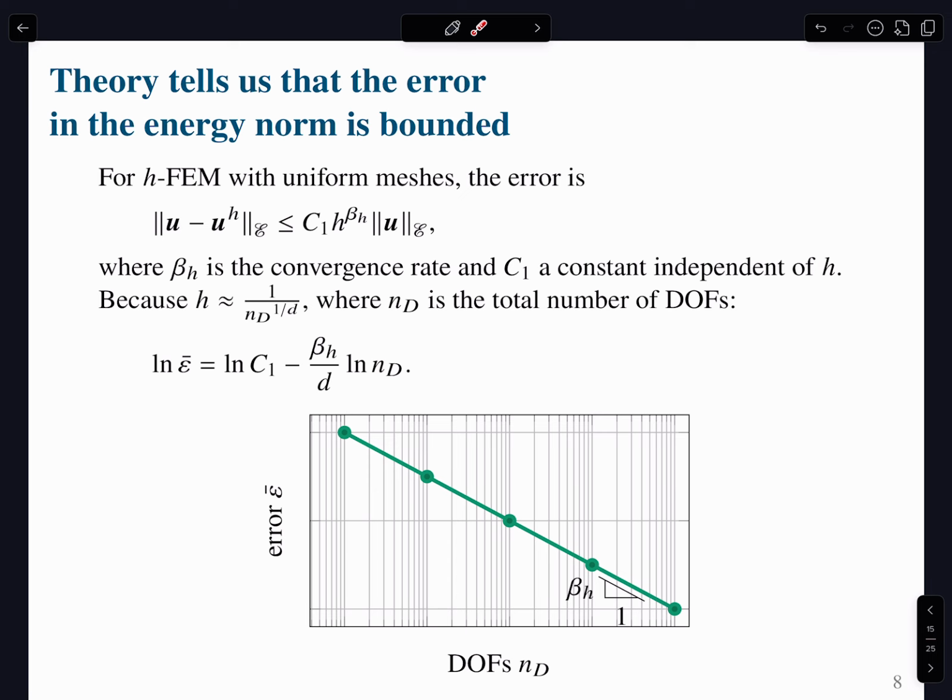Yeah? If you have only 2 elements, then it is visible if you count. Yeah, but again, these convergence rates are sharp asymptotically as the number of degrees of freedom goes very, very high. So for that case, we never really take the convergence rate with coarse meshes.